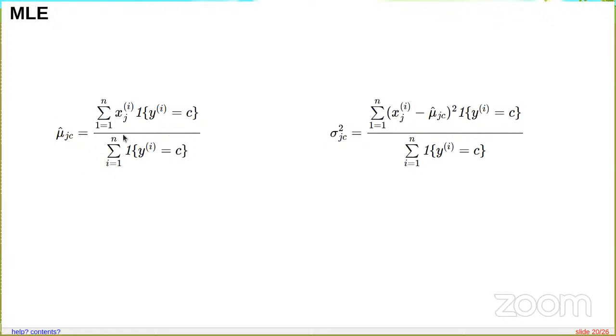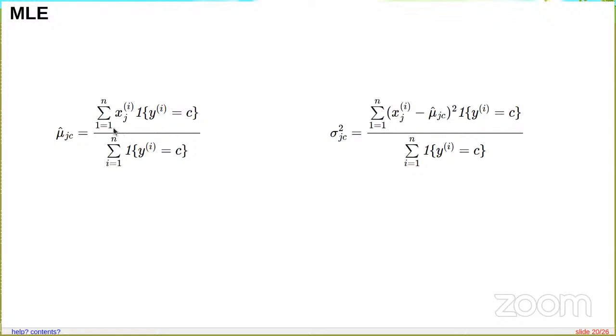What it says is, do you understand what the denominator means? It is the number of points in class C. If it is class 1, it is the total number of points from class 1. So what you are saying is, filter out all the points that belong to a particular class, in this case, class C. That is the denominator.